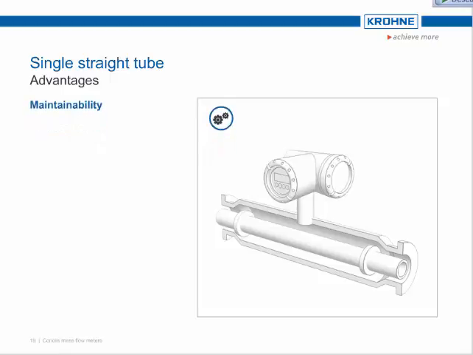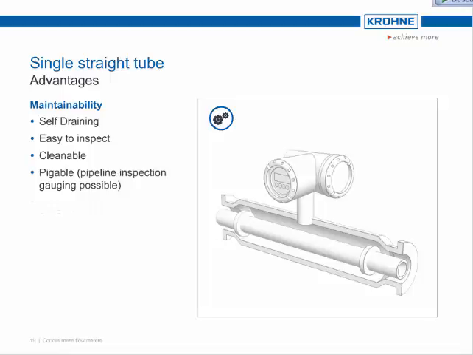For maintainability, the straight tube is self-draining, easy to inspect, cleanable, and piggable. It is possible to pass a pipeline inspection gauging unit through the meter. The straight tube design provides the lowest pressure drop whilst providing a high accuracy.